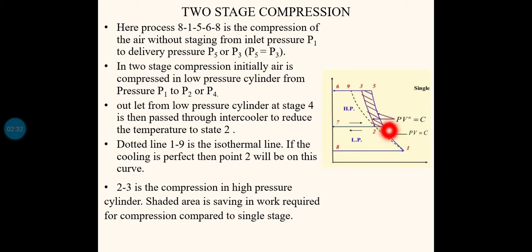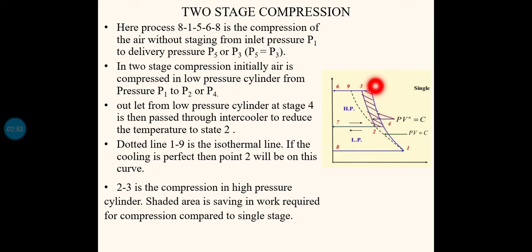Now the second stage compression is from 4 to 5. Since there is no intercooling, whatever the condition of the air leaving the first stage, it enters directly into the second stage. So the pressure of the air entering the second stage is P4, and finally it is compressed to a final pressure of P5.